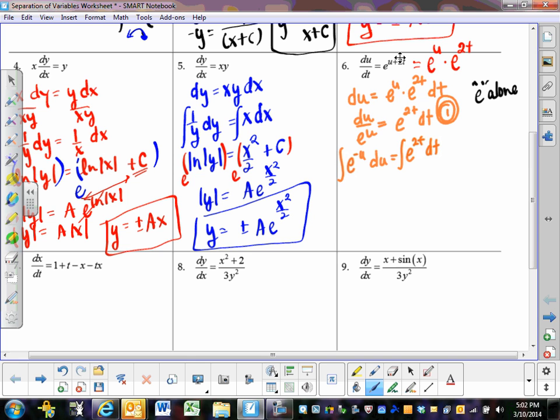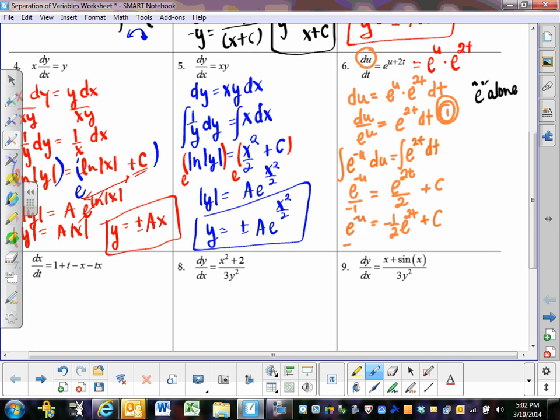So from there, if I cross multiply, du is going to be e to the u times e to the 2t times the dt. I would divide both sides by e to the u. And I would have to rewrite this so that I can use the e to a power rule. So we're going to anti-derive. So technically I could have gotten my first point here, although it wouldn't be the nicest way to anti-derive.